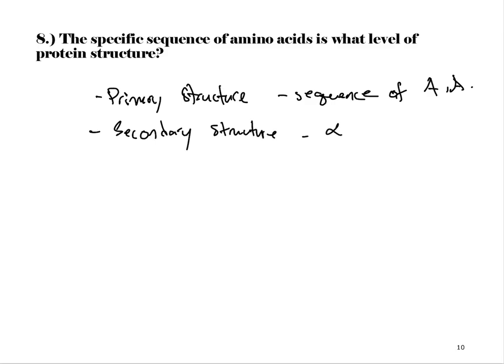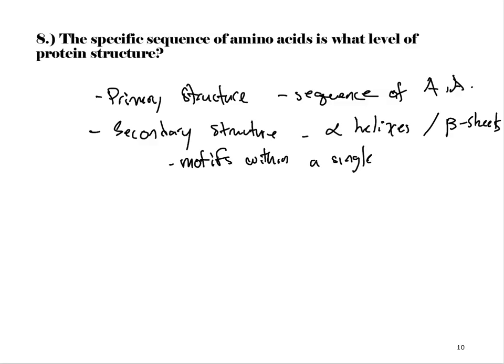Secondary structure is things like alpha helixes and beta sheets. And these are single motifs within a single peptide, right? That's how we would describe this. These are motifs within a single peptide. And what forces usually hold secondary structure together?